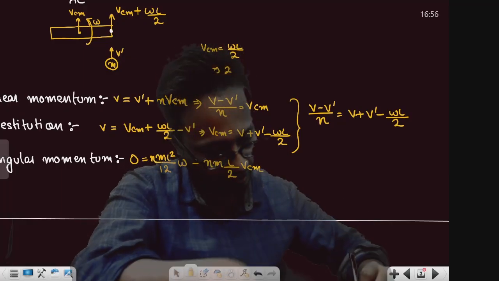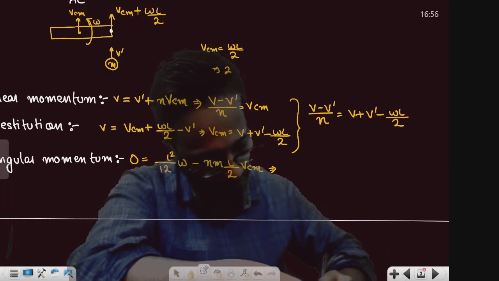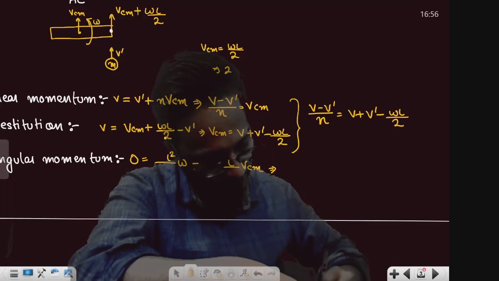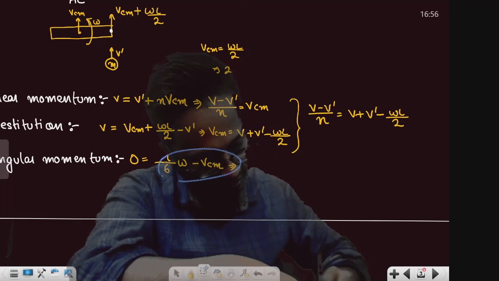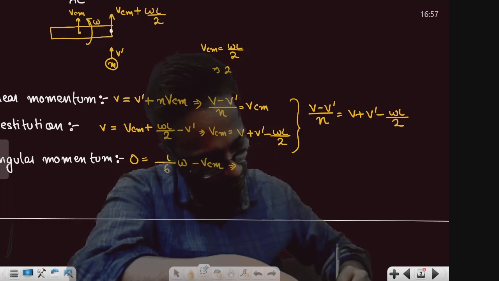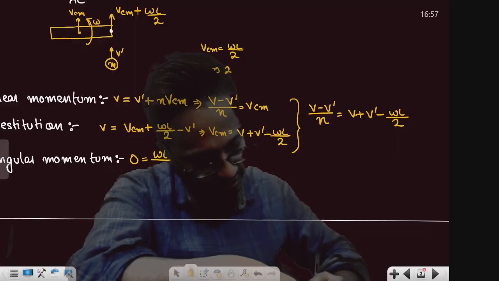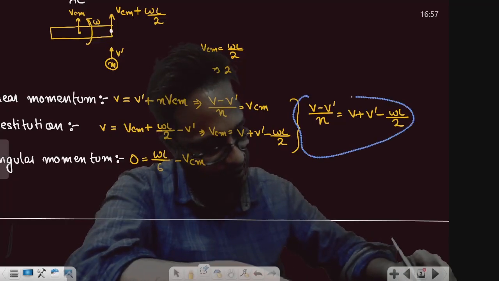Let me cancel out the n into m and take it common. L and L square get cancelled. So I'm left with omega L by 6 minus velocity of center of mass is equal to 0. So I already got it. I do not need to solve this. This is a very stupid equation.